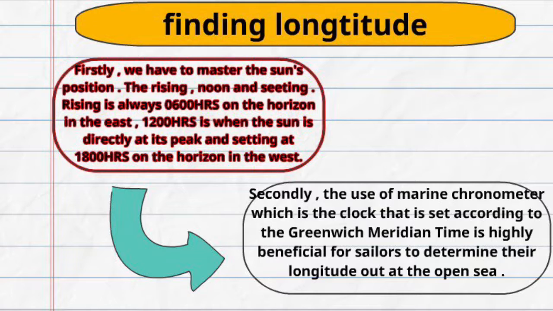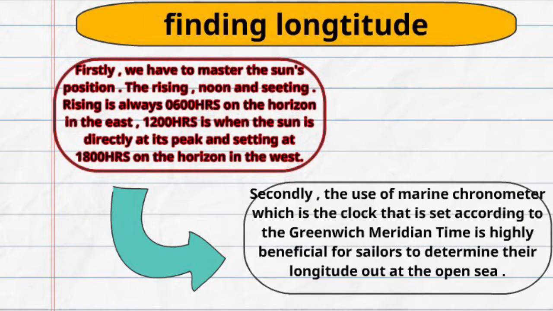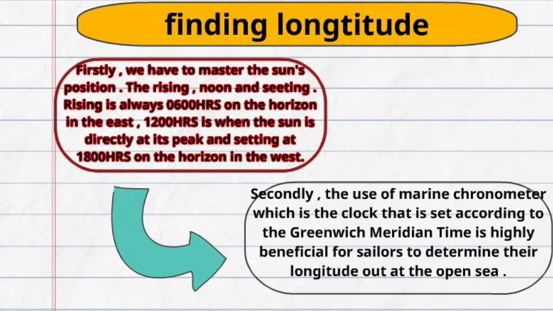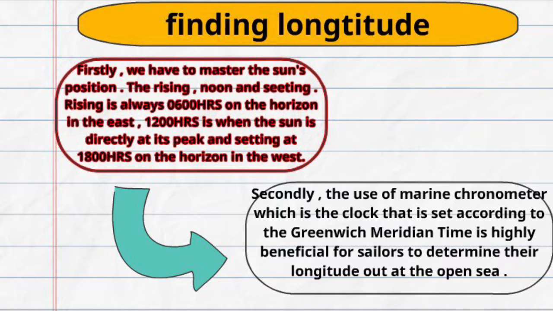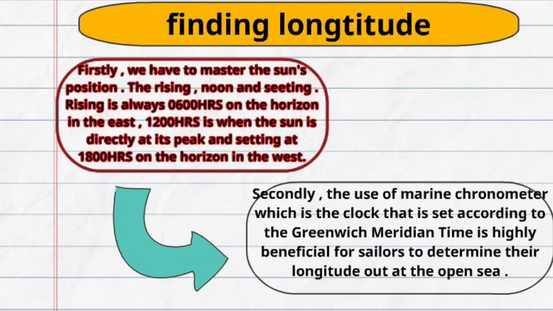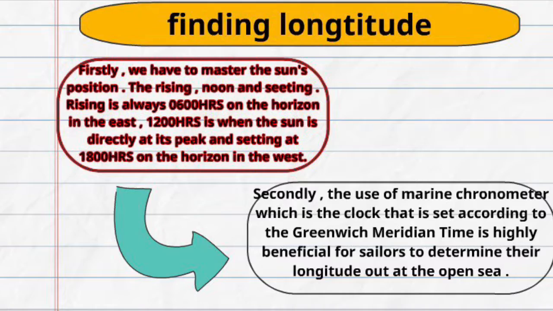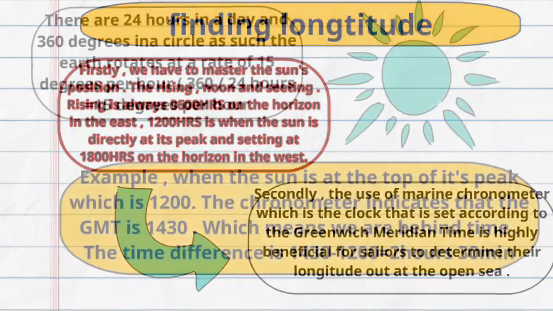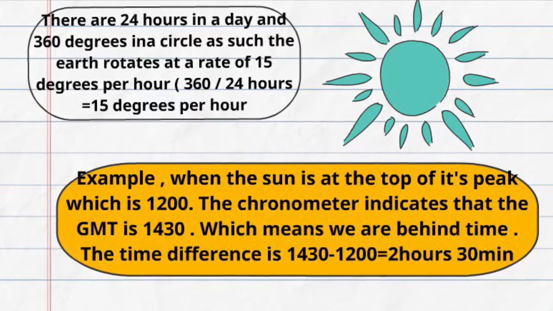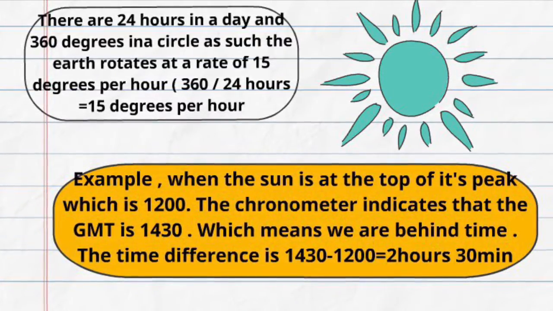To determine our longitude out at sea without the modern technology of GPS, firstly, we have to master the sun's position, which is the rising, noon and setting. Rising is always 0600 on the horizon in the east, 1200 is when the sun is directly at its peak, and setting is at 1800 on the horizon in the west.